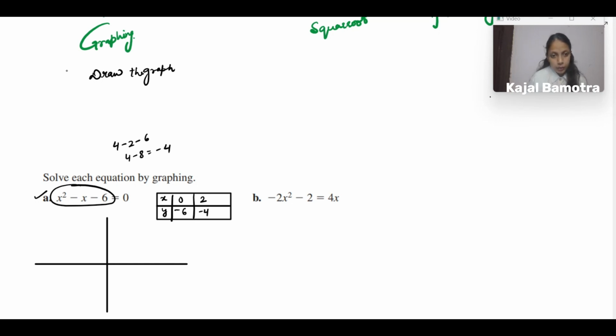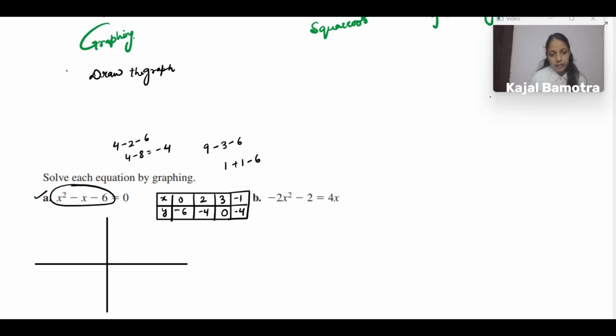Then I substitute 3. 3 squared is 9, minus 3 minus 6. I got 0 in the case of 3. Then I try another one. If I substitute negative 1, it's 1 plus 1 minus 6. 2 minus 6 is negative 4.